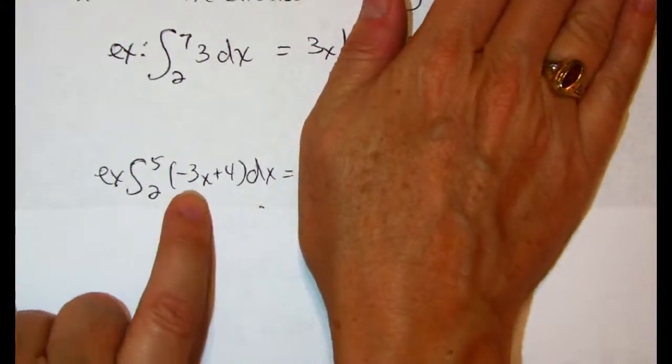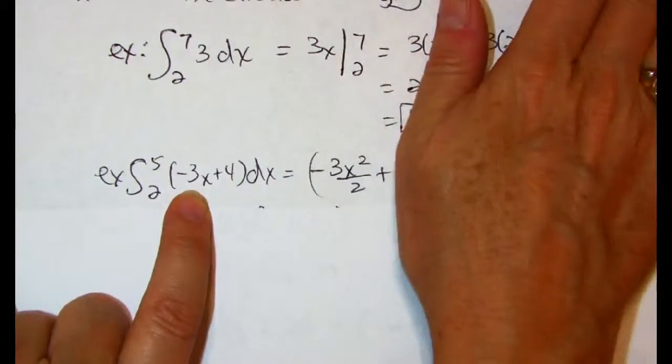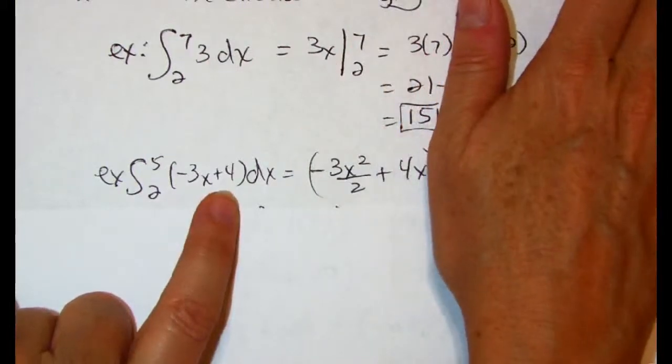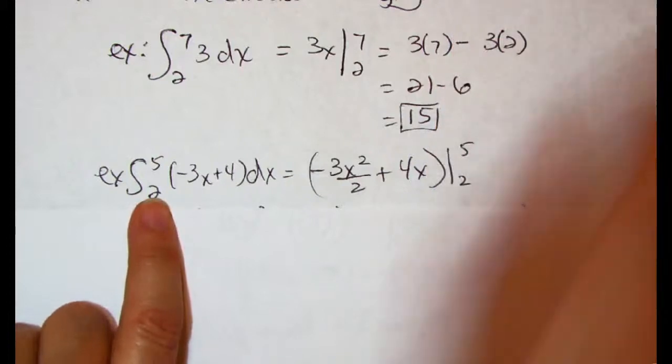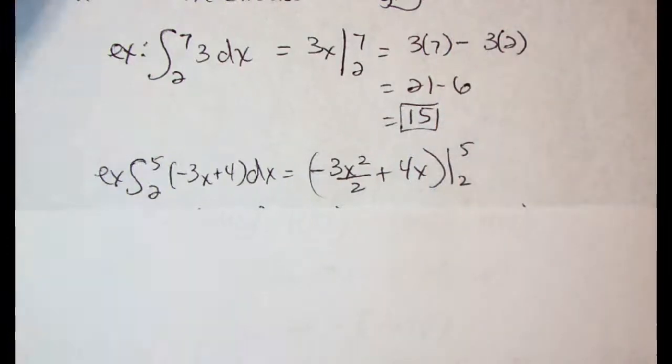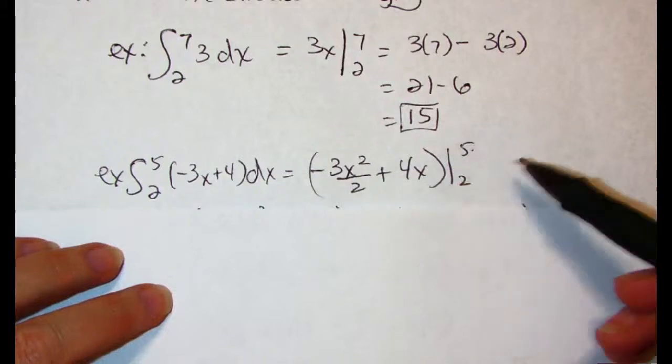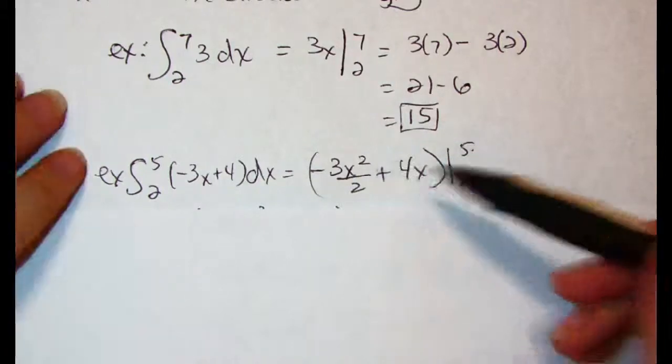So I'm going to take the antiderivative of negative 3x plus 4, that's negative 3x squared over 2, plus 4x, and I'm going to go from 2 to 5. Now I'm going to substitute in 5 for x, then subtract, and put in 2 for x.